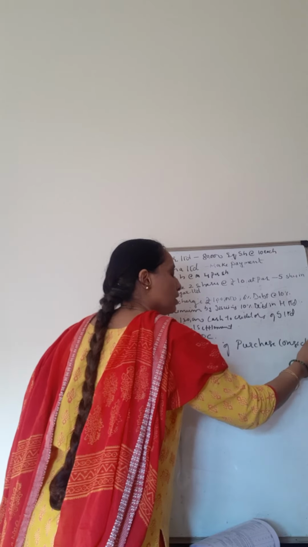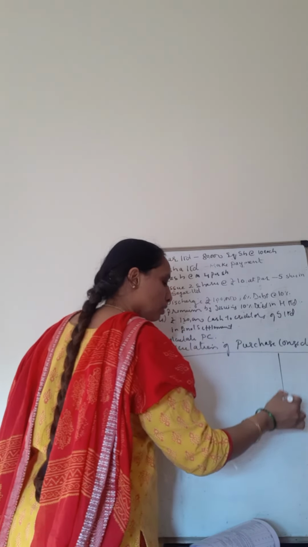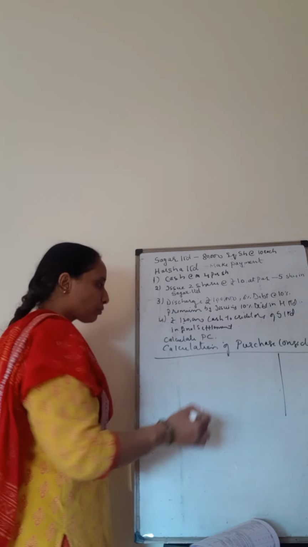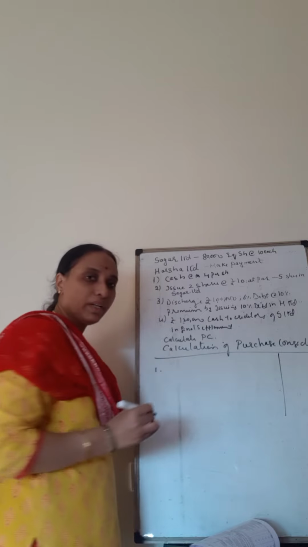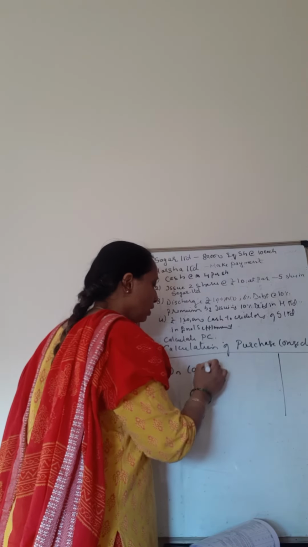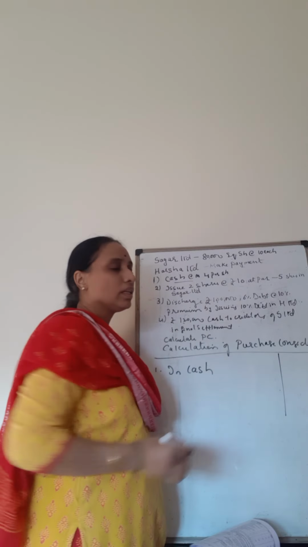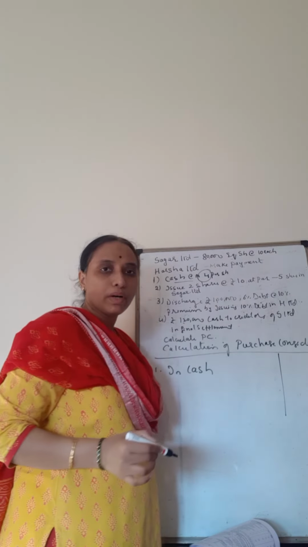Calculation of purchase consideration. Draw the table, draw one line. First, in what form is it going to make payment? In the form of cash, rupees 4 per share.